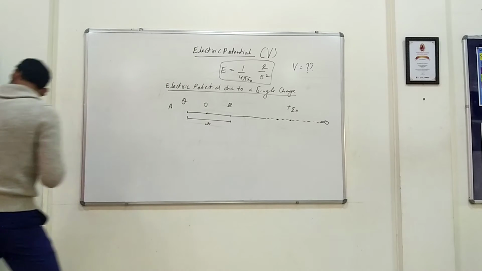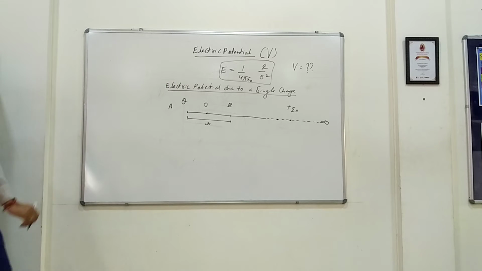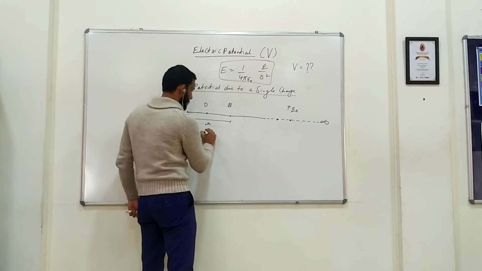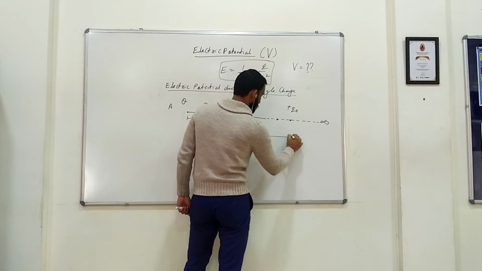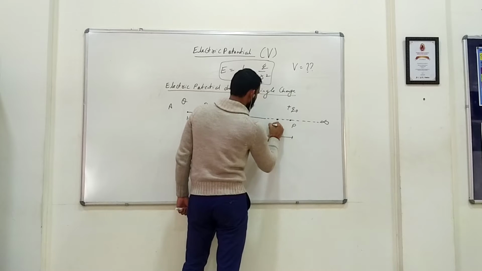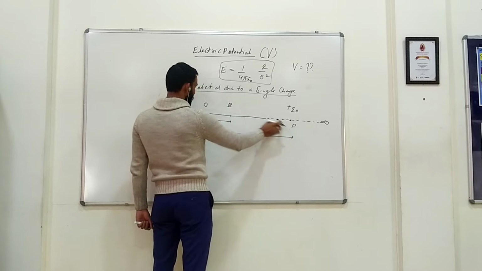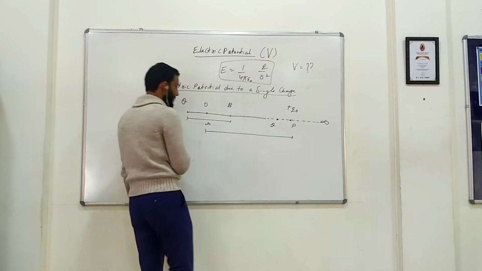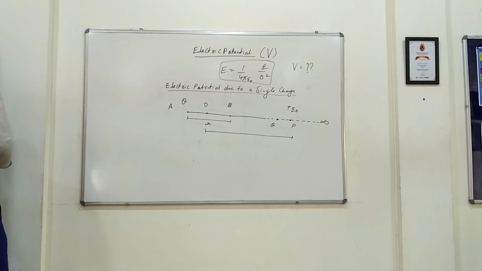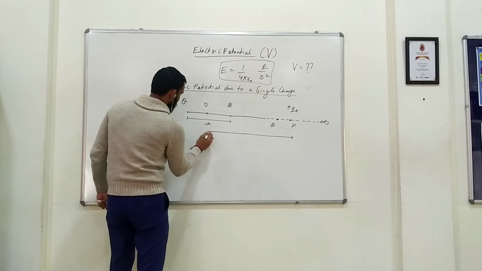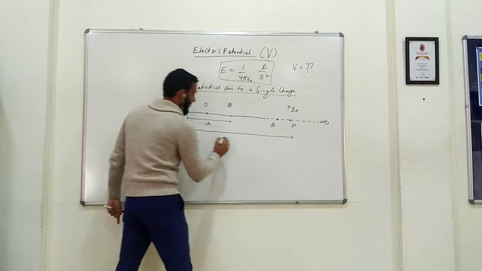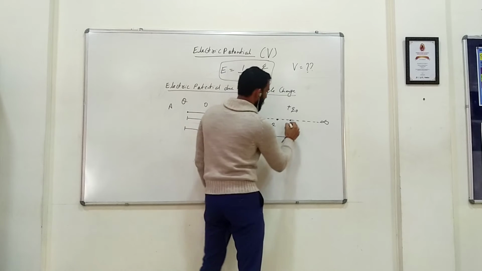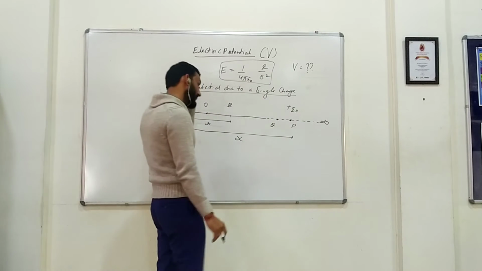This is O, and this is P and Q. The distance of this point P from the center O is x, and here we have kept this unit positive test charge.